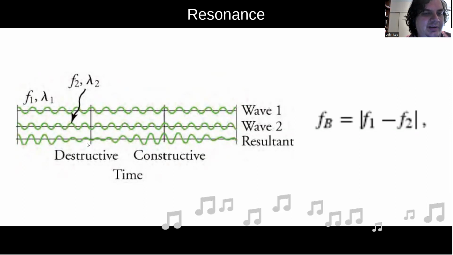So when you add them up, at some points it's going to be destructive, at some points it's going to be constructive over time. And the distance between two of these destructive periods or these constructive periods, either or, is going to be a new frequency, which is given by the absolute value of the difference between the two frequencies.